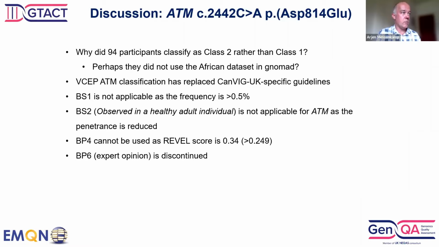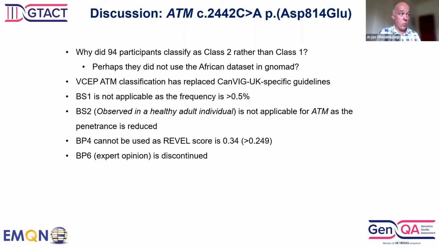The rules from the VCEP have been replaced by the CanVIG-UK rules. It replaced their own rules, so we will continue with the ATM-specific rules as the standard for ATM. They apply 0.5% as a cutoff for BA1.